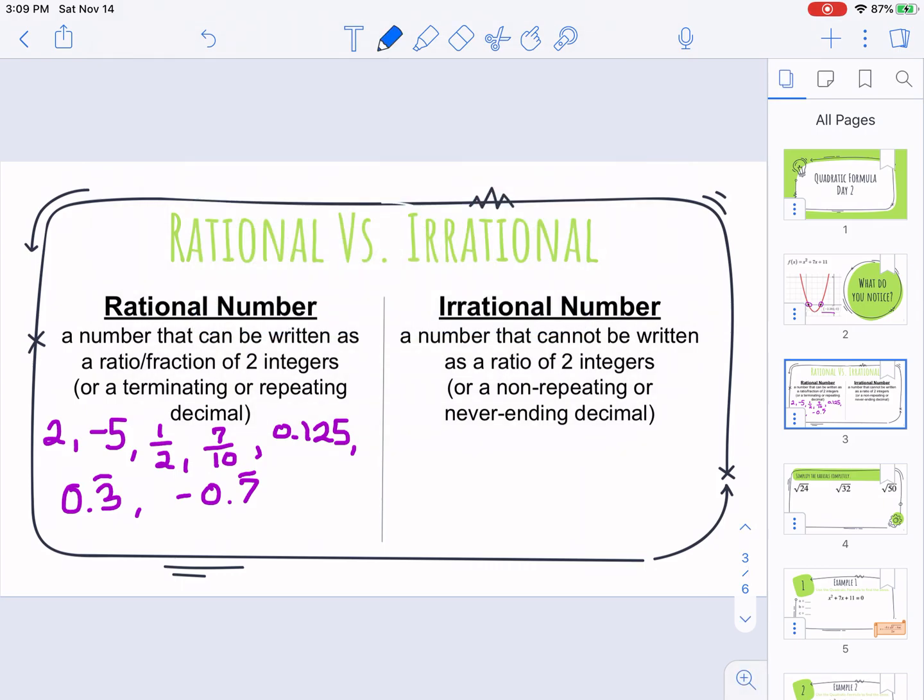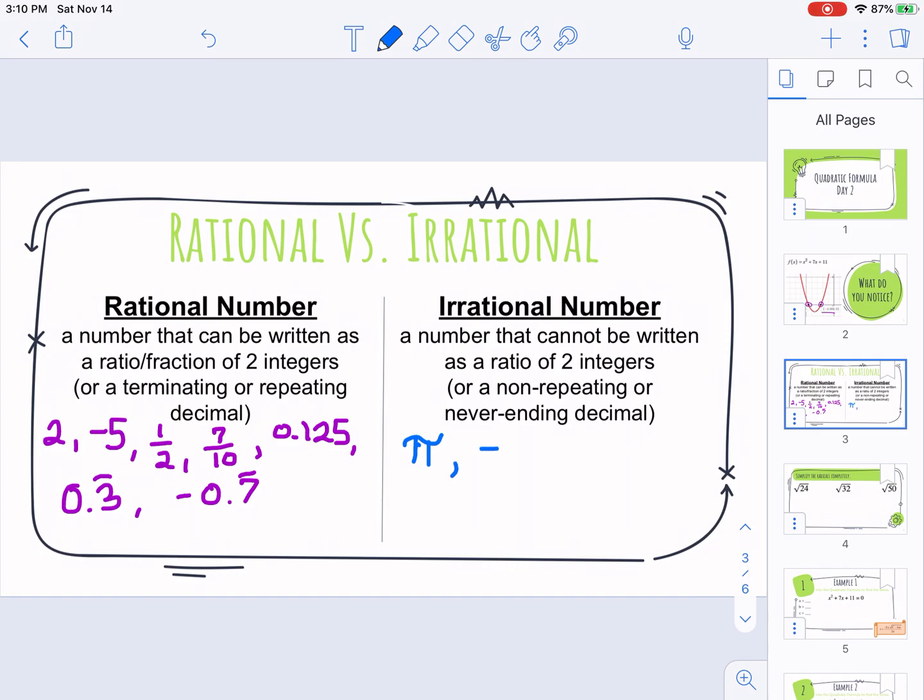On the other hand, an irrational number is a number that cannot be written as a ratio of two integers. It's a non-repeating or a never-ending decimal, so you cannot write it as a fraction. Some of the most famous examples of irrational numbers include pi. So we have 3.14159, etc., and it never ends and there's no repeating pattern.